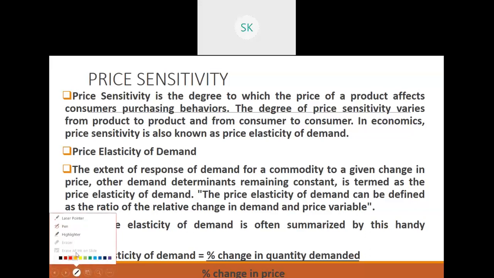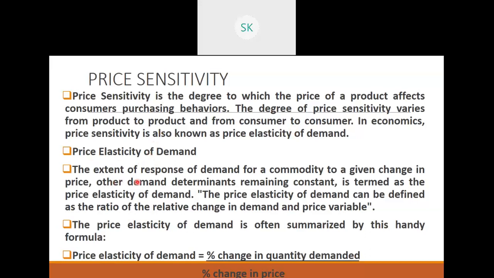Now let's read it further. The degree of price sensitivity varies from product to product and from consumer to consumer. In economics, this is known as price elasticity of demand, but this price elasticity will change from product to product and customer to customer. How will the customer react to the product price, and how will the price change in different situations? Let's understand the part on price elasticity of demand.